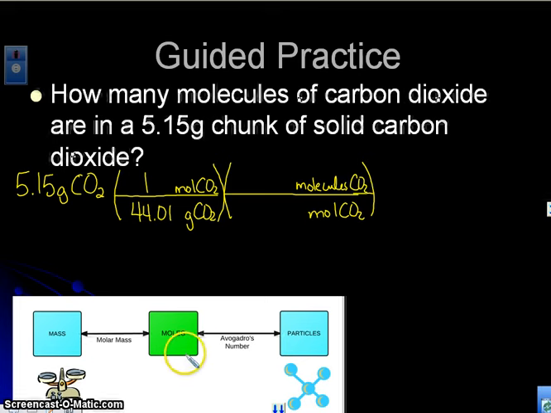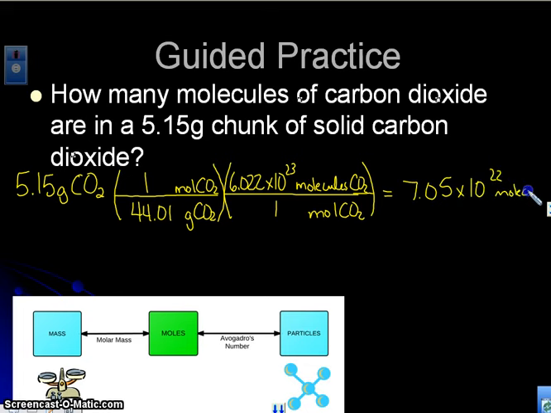And the conversion from moles to particles, a particle in this case is molecules, we're going to use Avogadro's number, which is the number of particles in 1 mole. So Avogadro's number tells us that there are 6.022 times 10 to the 23rd molecules in 1 mole of CO2. When you multiply this out on your calculator, you should get 7.05 times 10 to the 22nd molecules of CO2.